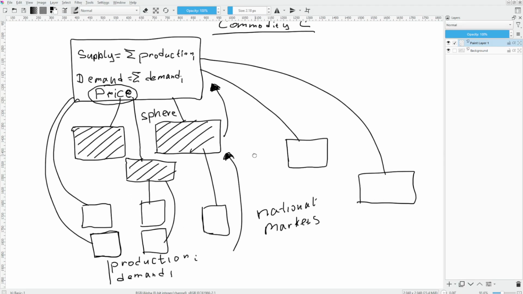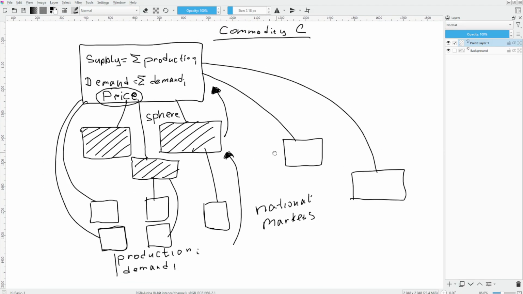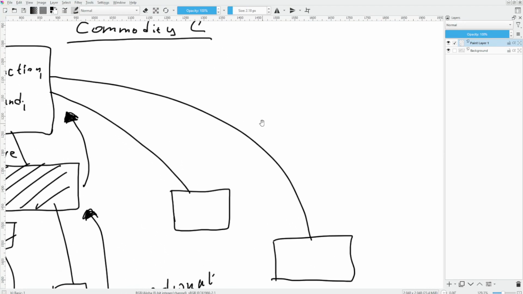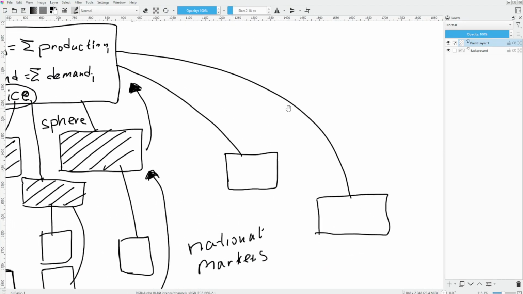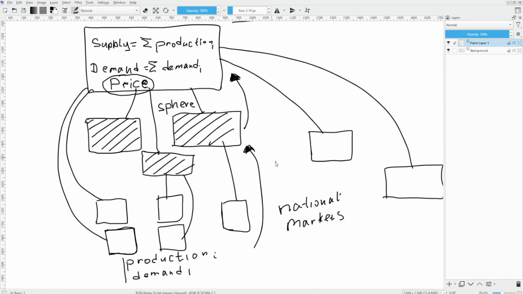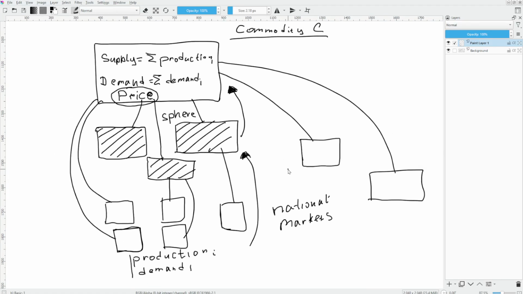And we need to talk about price in a bit more precise way. What is the price, right? Price is a signal which shows producers that a certain good has a lot of value.